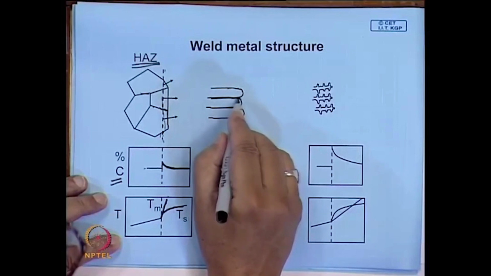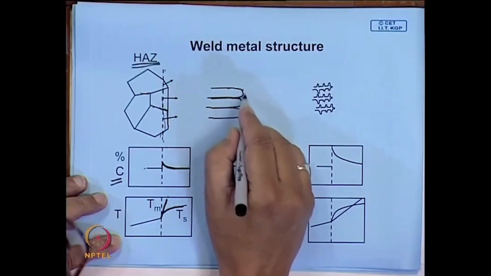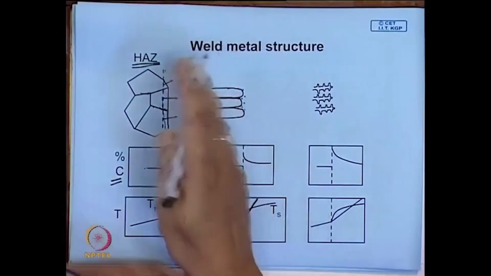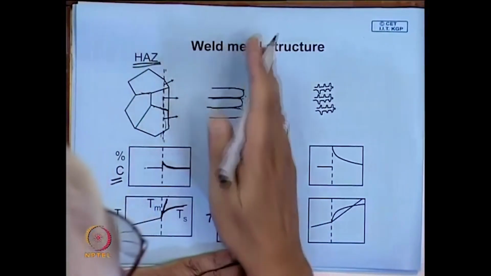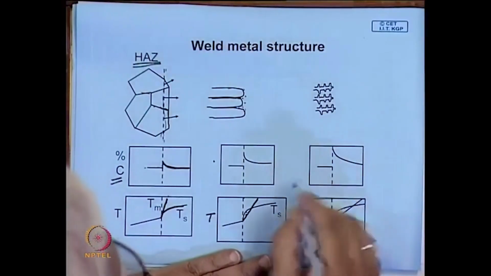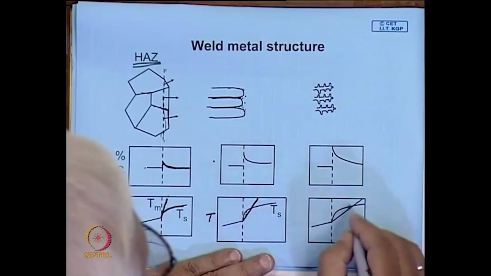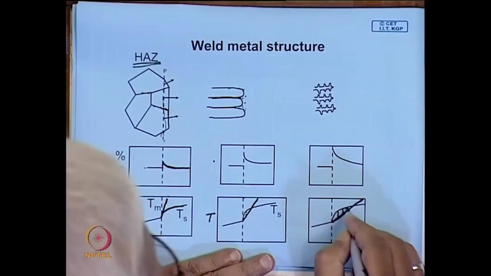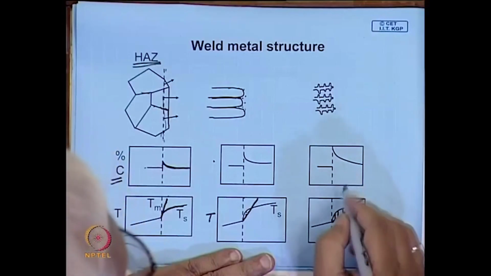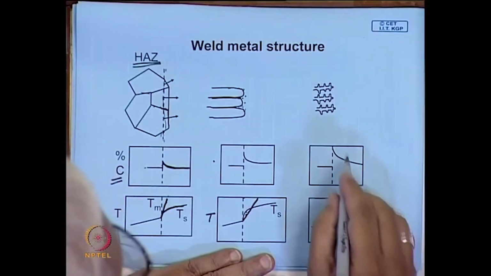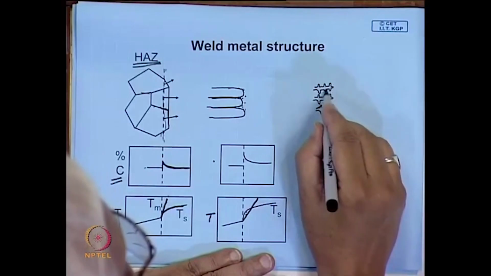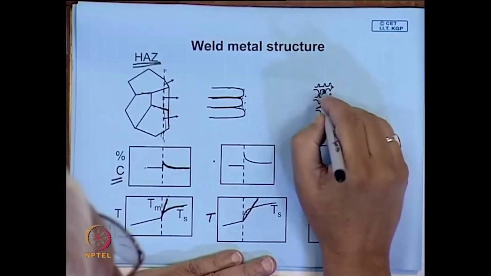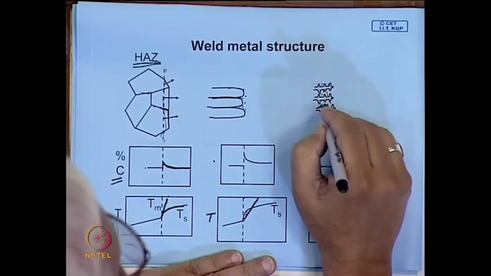All these impurities are pushed like this. In case this gradient becomes even lower, there will be substantial constitutional supercooling, leading to the formation of a dendritic structure. And here in the interdendritic channels you will have segregations.